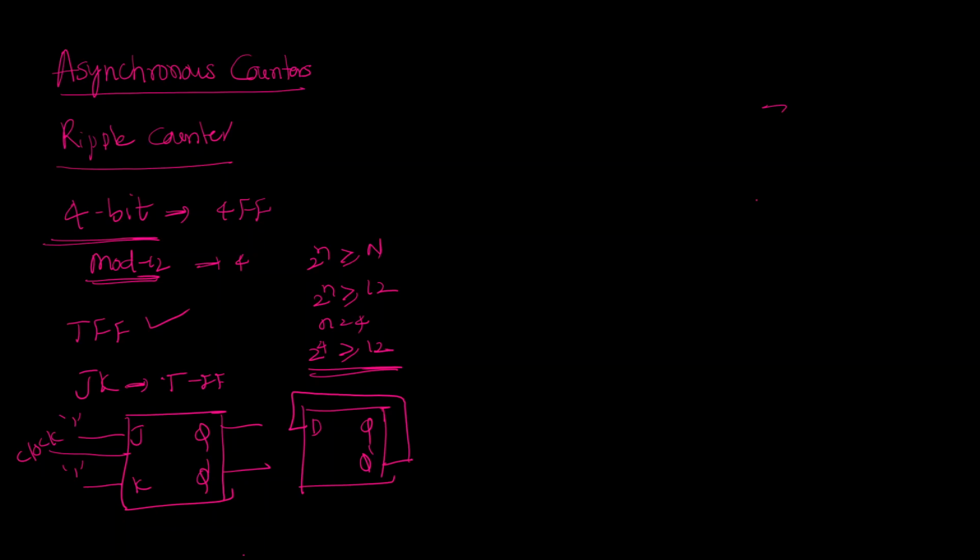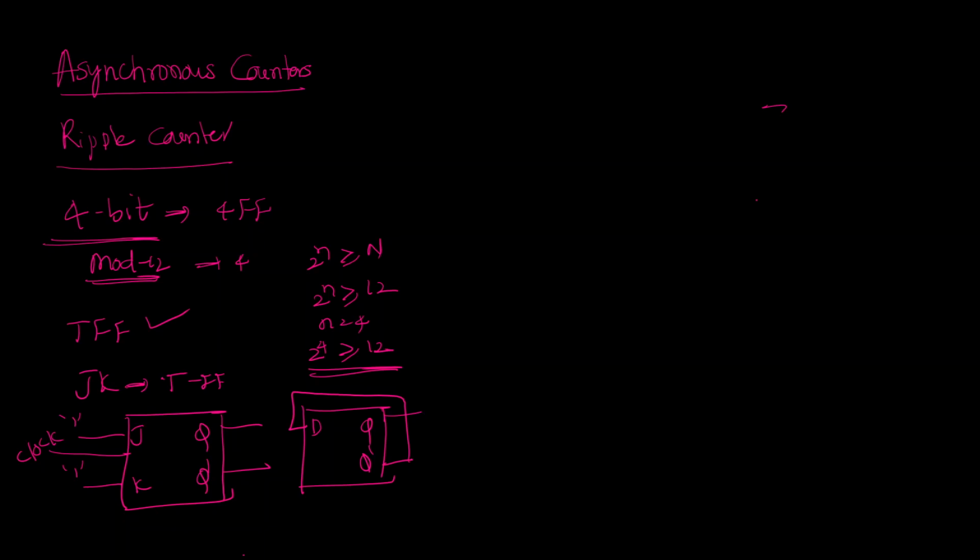So we can use a D flip-flop as a T flip-flop. This is how one can use any of the flip-flops as a toggle flip-flop, and I can design an asynchronous counter.